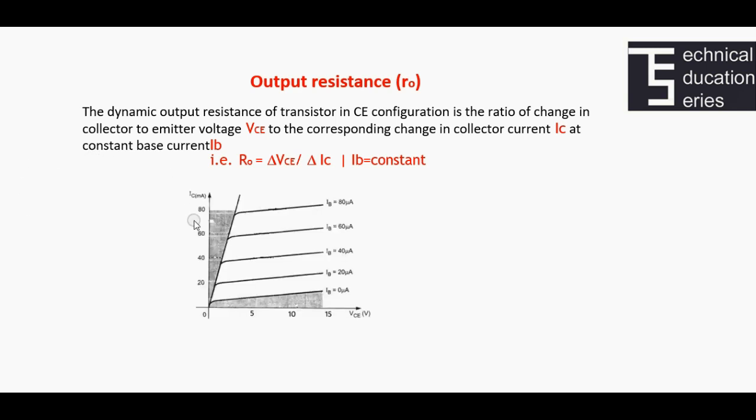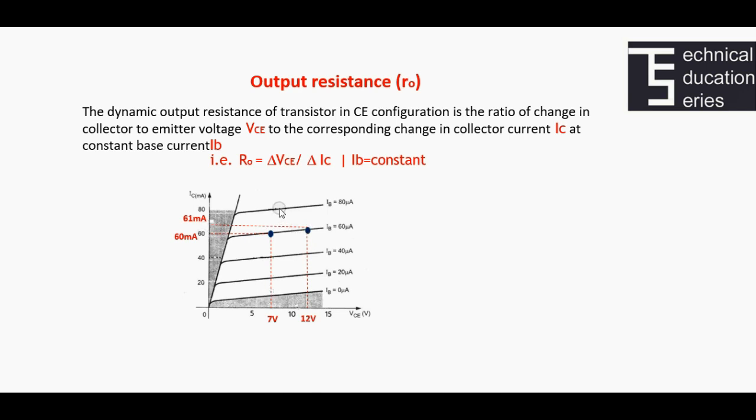Let us take one curve for the calculation of output resistance. So we'll take the curve for 60 microampere, then take a value of VCE, say 7 volt, and see the corresponding current on the 60 microampere curve, that is 60 milliampere, and take another value of VCE, say 12 volt, see the current for the same, and it is found to be 61 milliampere.